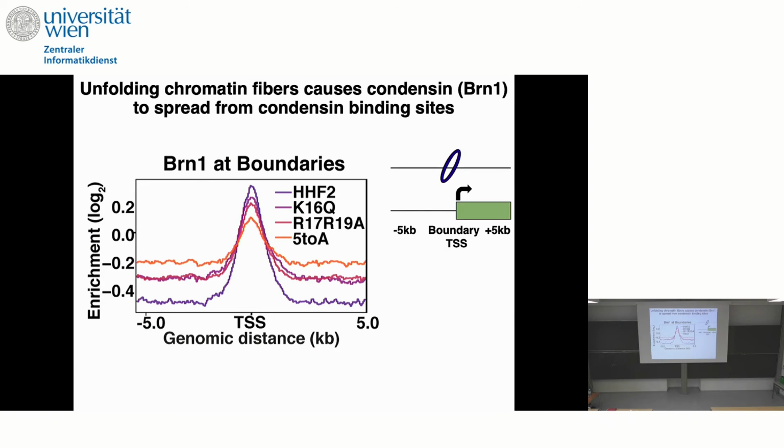If we look at a meta plot of this condensin binding data, we can see that as we add in more and more H4 tail substitutions, increasingly decompacting the local chromatin fiber structure, condensin moves away from its normal binding sites in wild-type cells. So it seems consistent with extrusion right across chromatin in cells.